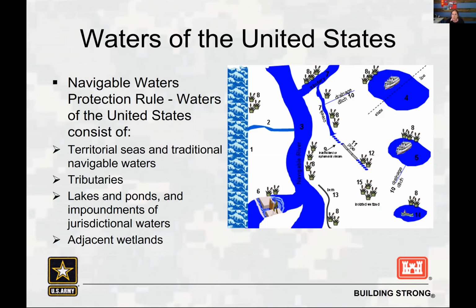Under the new waters rule, we have 4 types of waters, and that includes territorial seas and traditional navigable waters, tributaries, lakes and ponds, and impoundments of jurisdictional waters, and adjacent wetlands. So anytime that there's a discharge of fill material in any of those types of waters, a review and approval from the Corps of Engineers would be required.